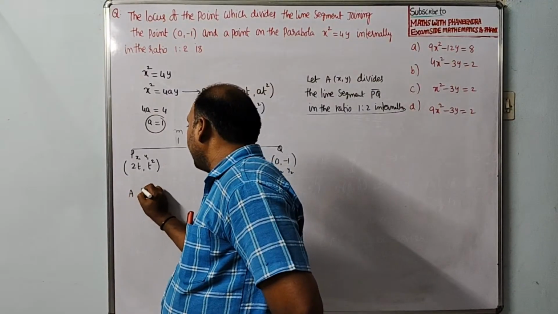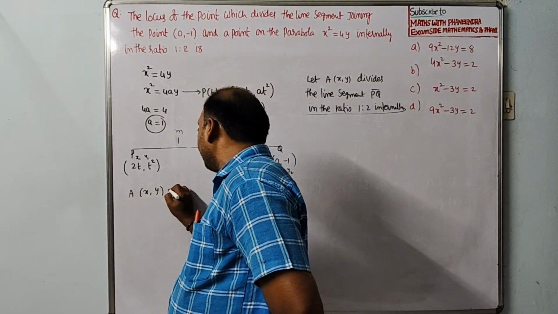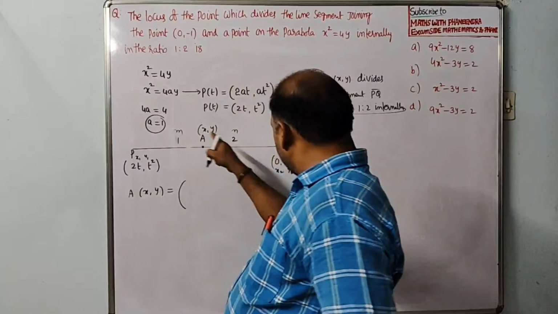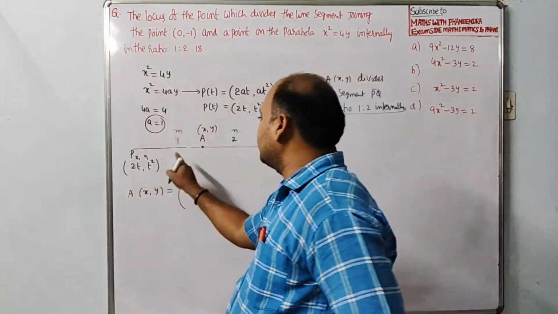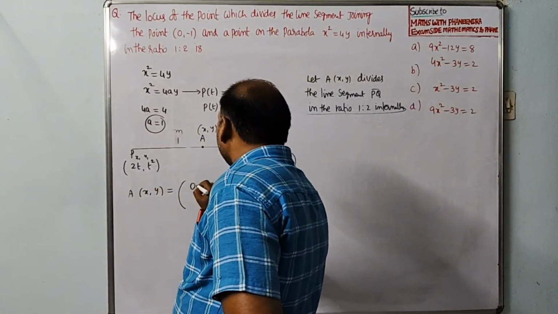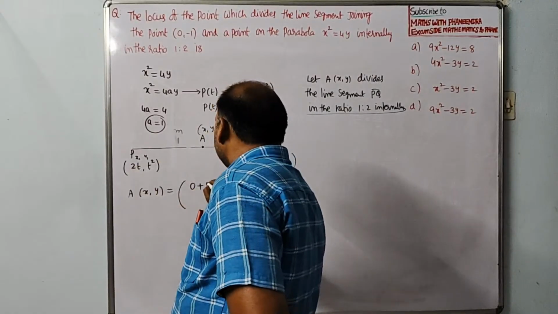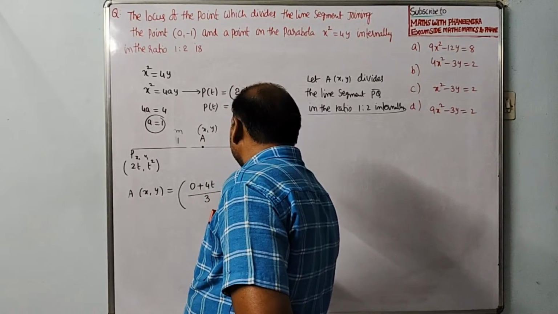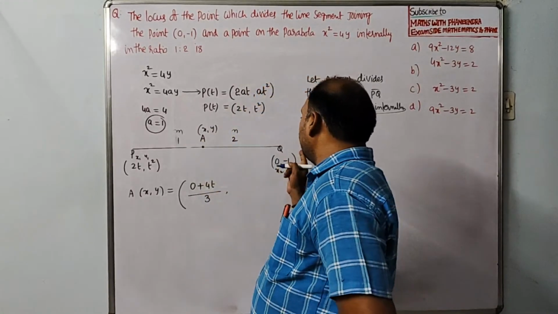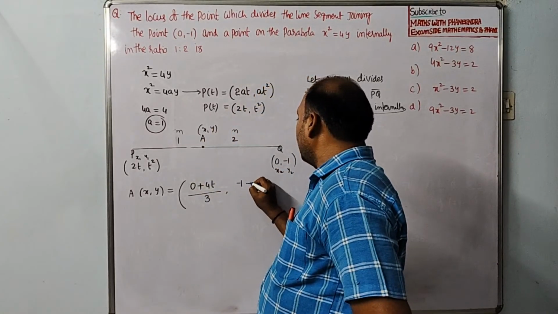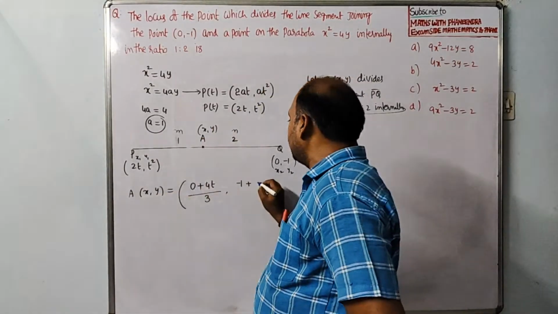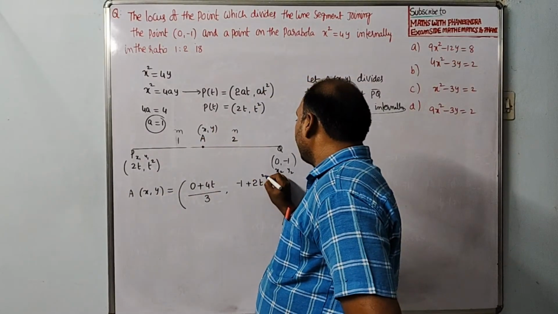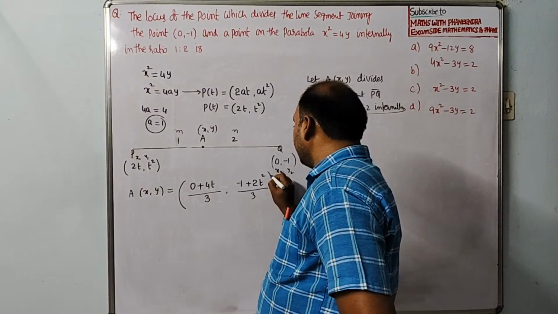So A of (x, y) is equal to (m x2 plus n x1) by (m plus n). So 1 into 0 plus 2 into 2t, that is 4t, by m plus n, 1 plus 2, 3. Next, m y2, that means minus 1, plus n y1, that is 2t square, divided by 1 plus 2.